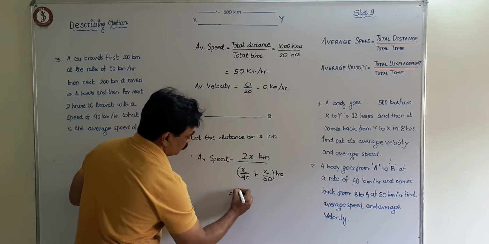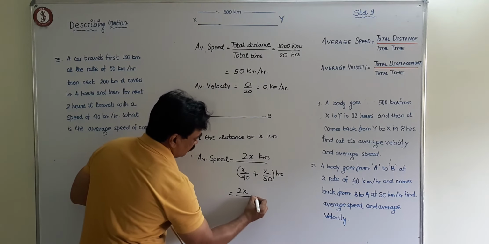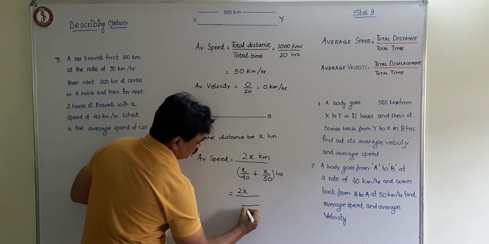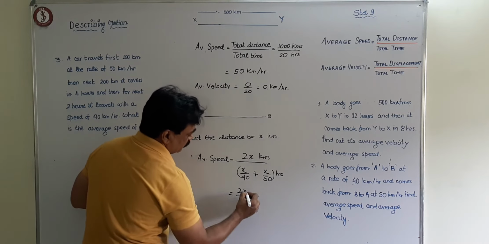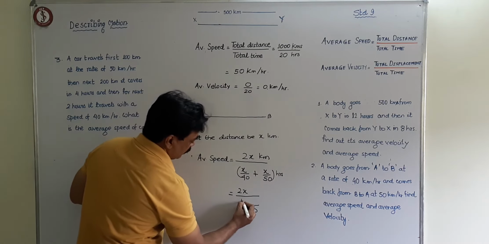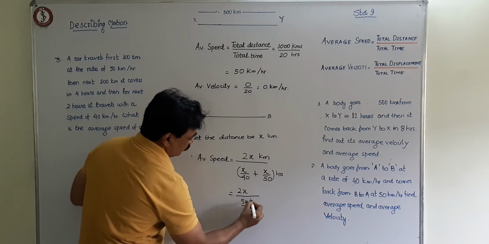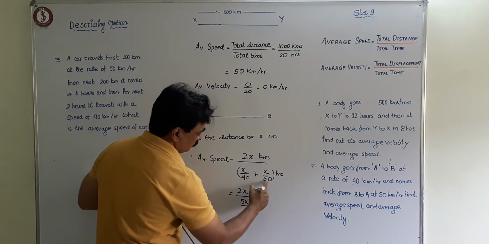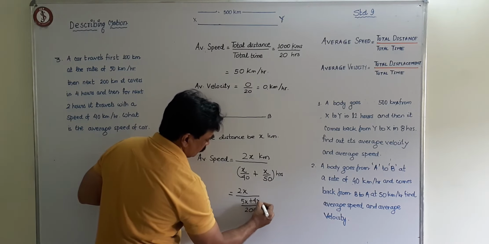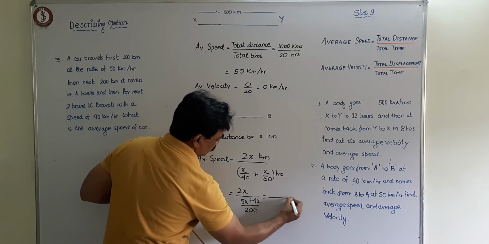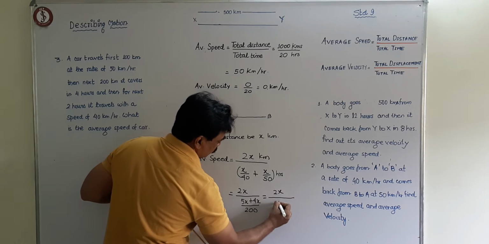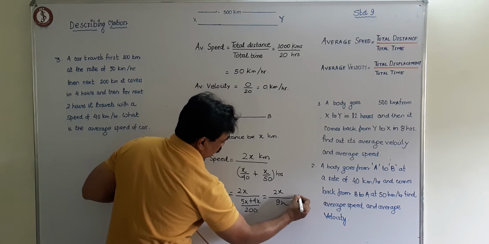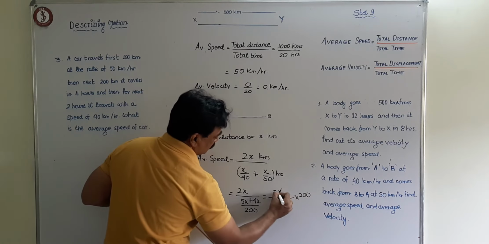So now it becomes easy. See what will happen. 2x divided by, the LCM will be 200. Now 5x plus, this will be how much? 4x. So we are getting 2x and 5 for the 9x into 200. So x is cancelled.